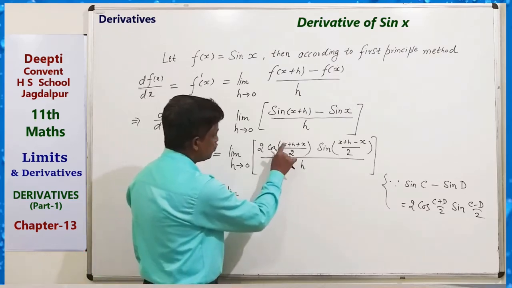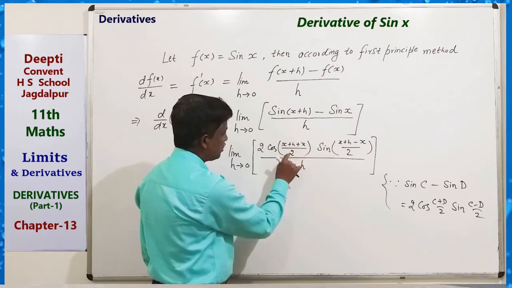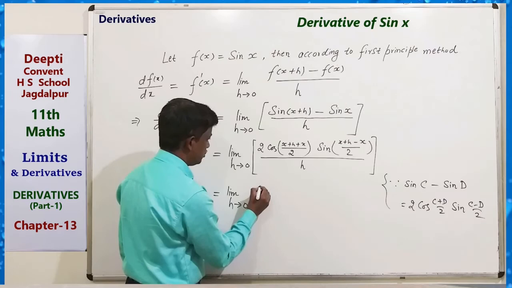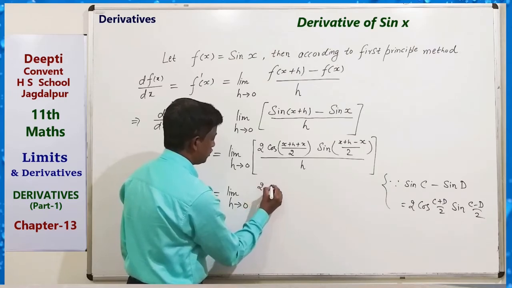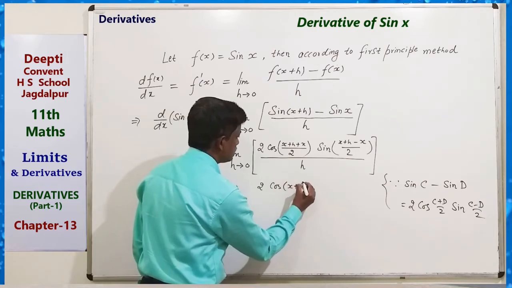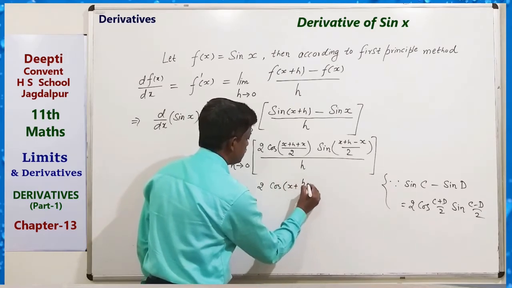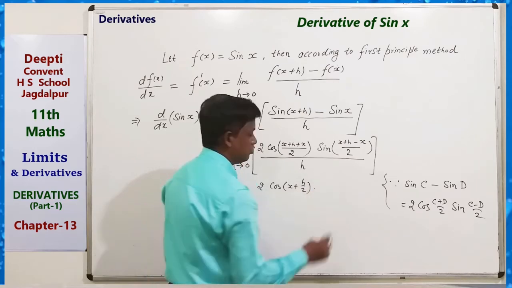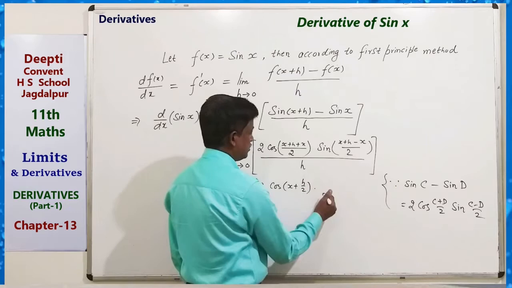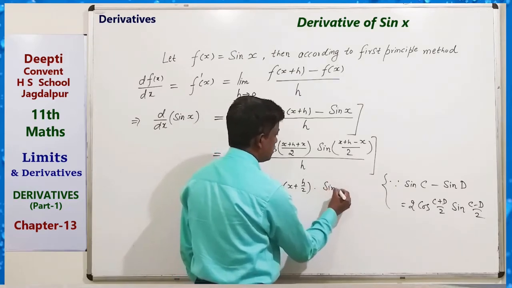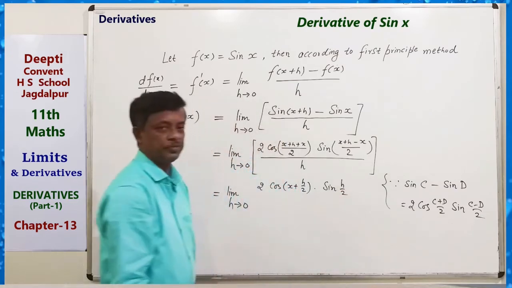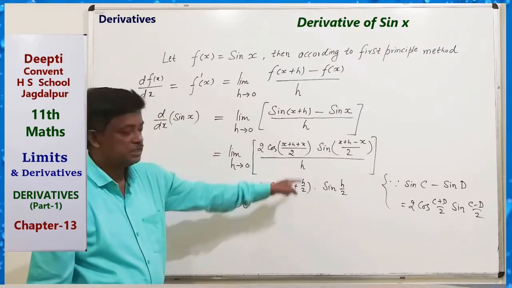So here 2x by 2 means x plus h by 2. So 2 cos(x plus h by 2) into sin(x cancel, h by 2) divided by h.